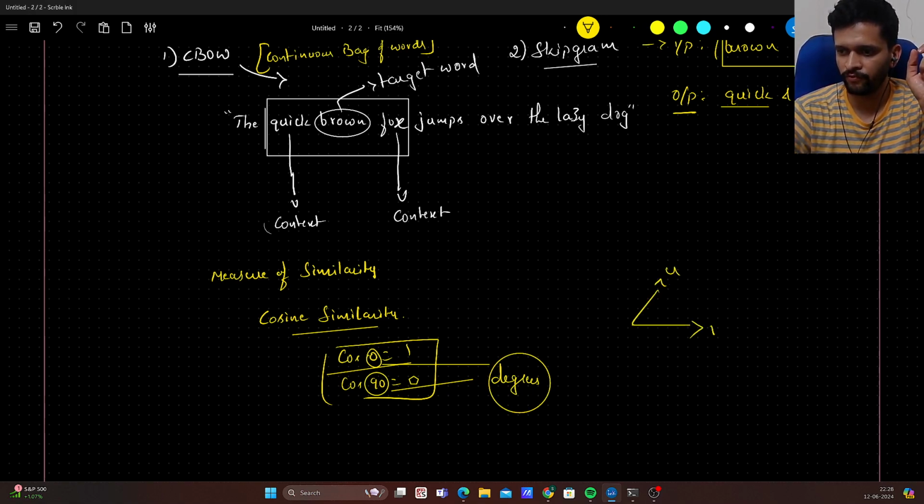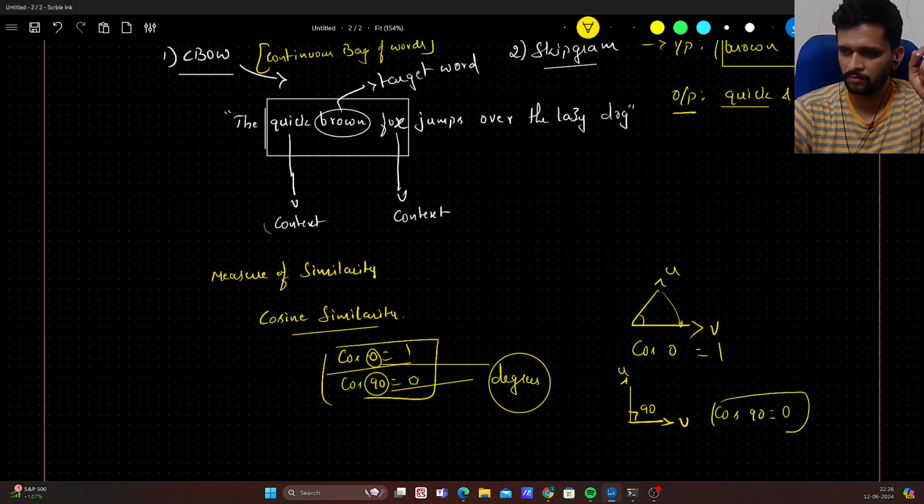So take u and v. If u is on top of v, the angle is 0, cos 0, the inner product, will be 1. If u is perpendicular to v, the angle is 90 degrees, and the inner product will be 0, right?